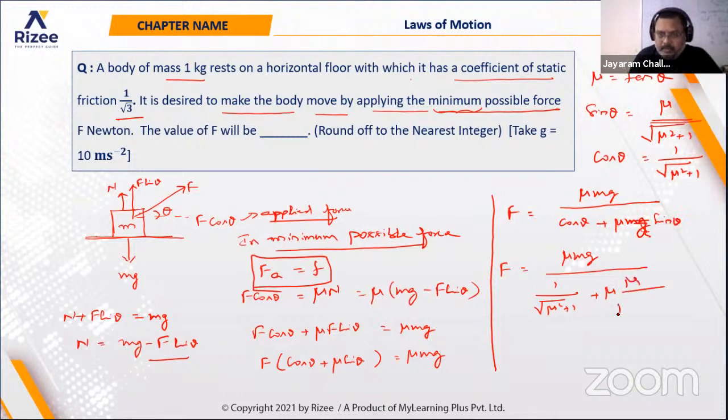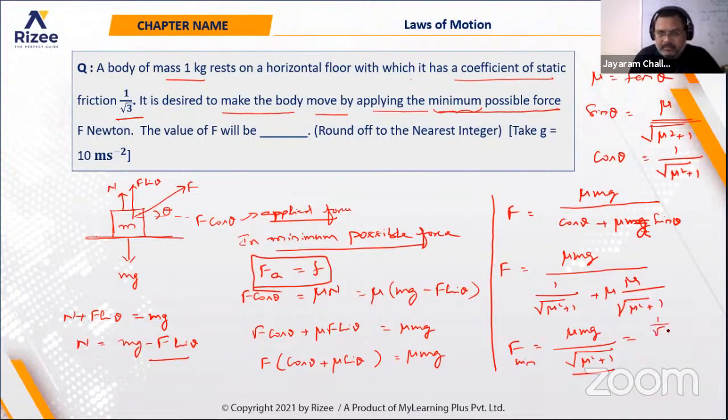It's going to be mu mg by root over mu square plus 1, because I'm going for the minimum conditions. So for the force to be the minimum, we have the given values.